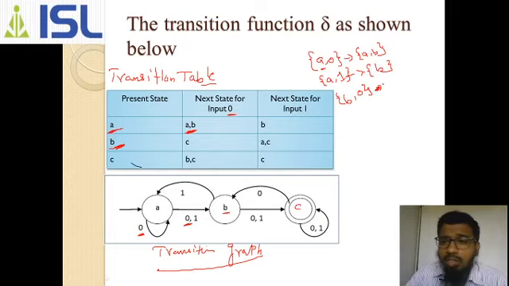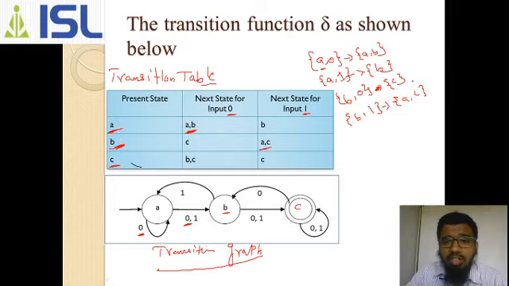B comma 0, we are getting C. B comma 1, we are getting A comma C.